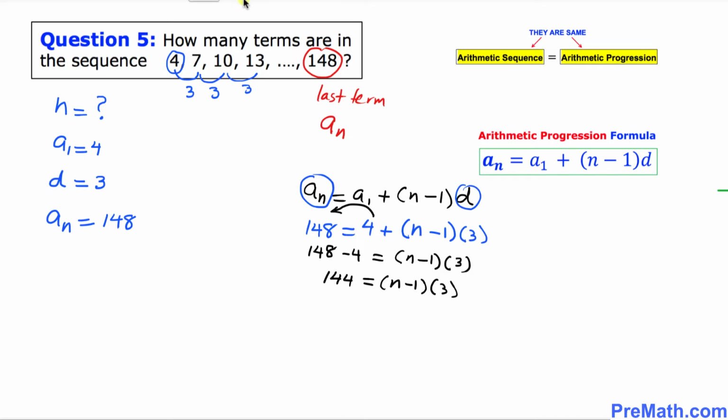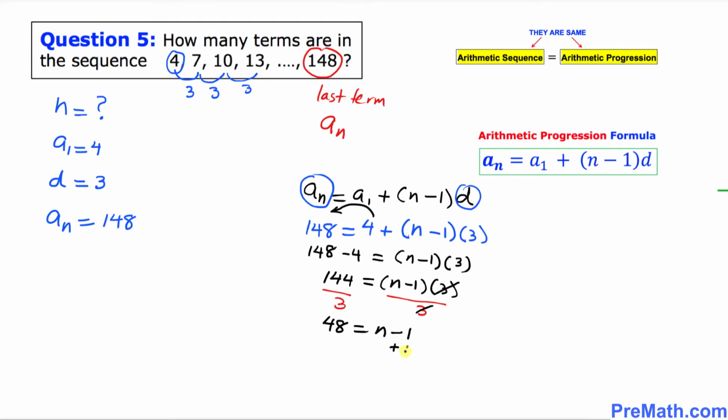Now I am going to divide both sides by 3. So this 3 and 3 is gone. 144 divided by 3 is 48, equals, on the right hand side, n minus 1.